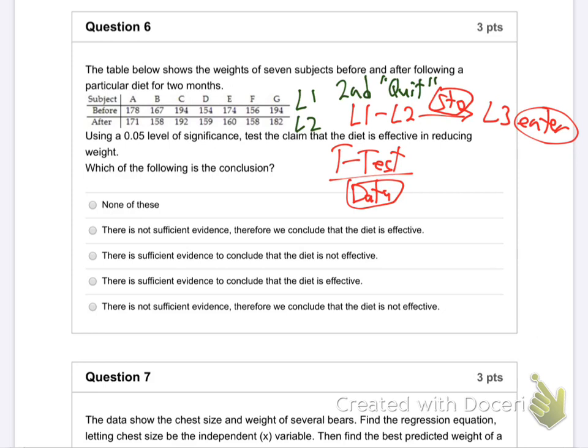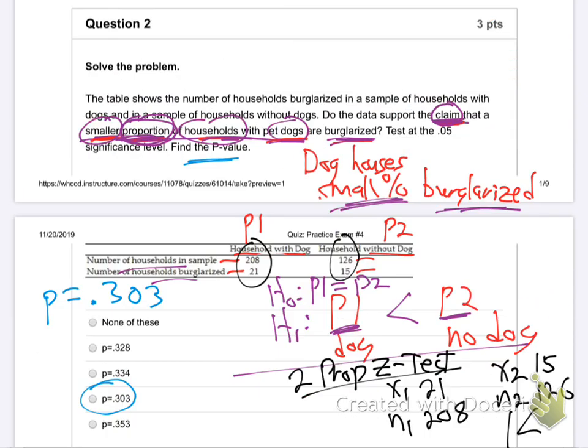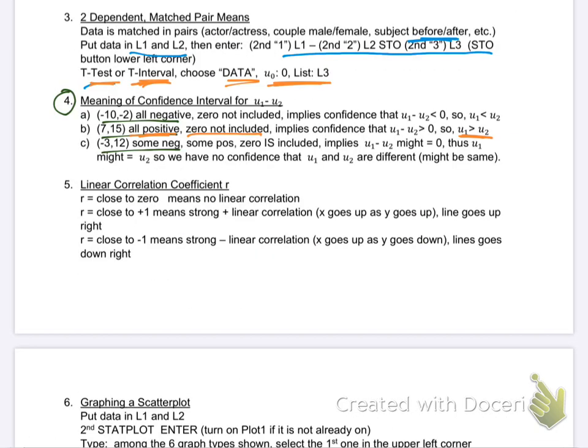So we go to t-test, data, and it asks you for mu0 and list. So what's mu0? Oh, I didn't even write out the hypothesis. Let's go back and add that to your exam 4 notes. I think that'll be helpful to you. So if you want to add that right here.